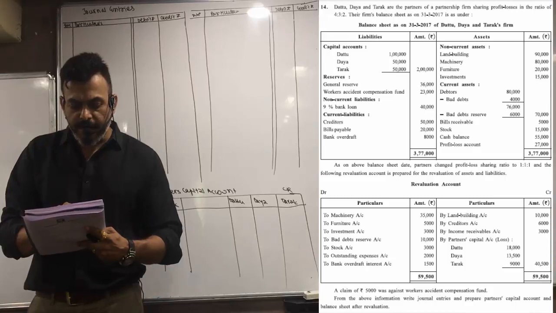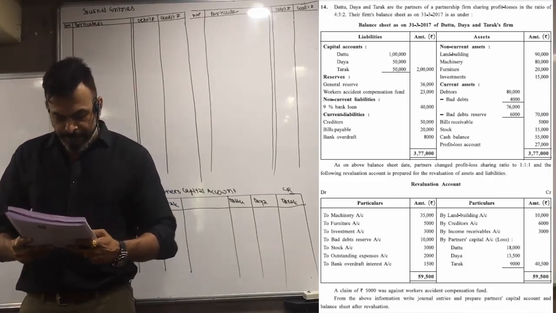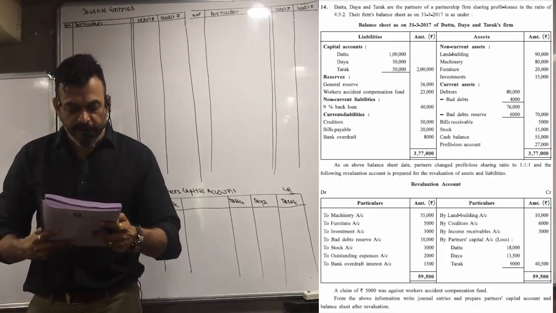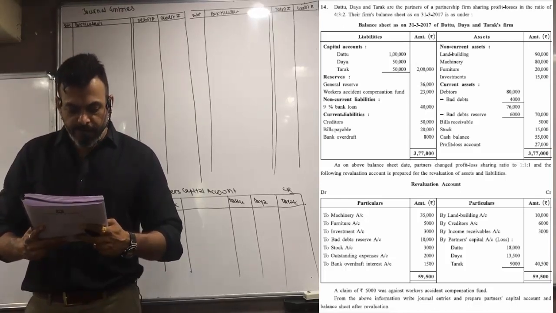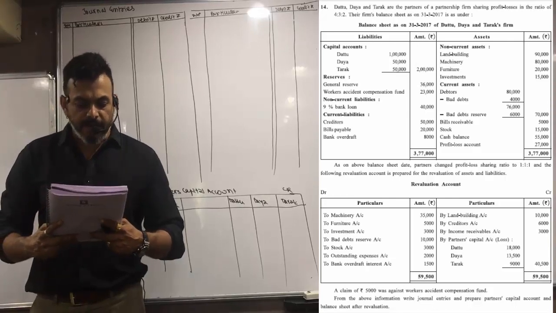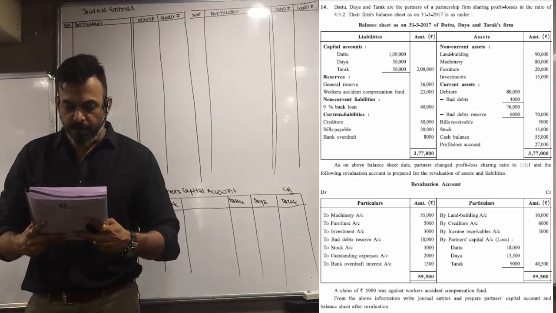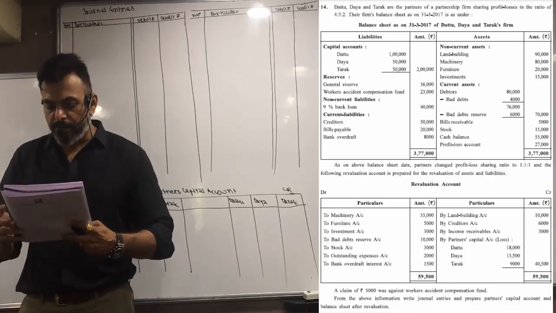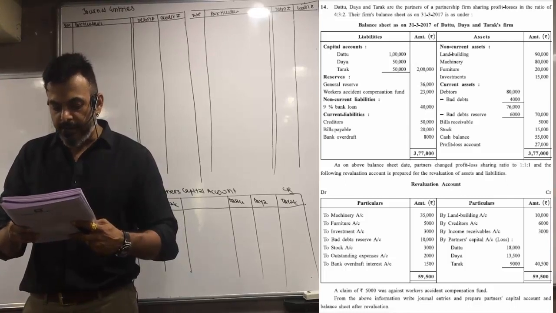General reserve, directly tick and write in the bracket 4:3:2. We'll see the workers' accident fund later after reading the sum. 9% bank loan, creditors, bills payable, bank overdraft, non-current asset, land and building, machinery, furniture, investment, debtors, bad debts, and we also have bad debt reserve.